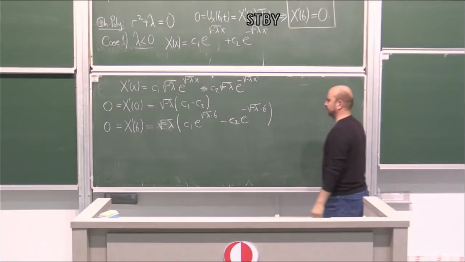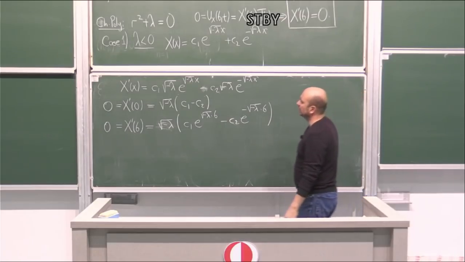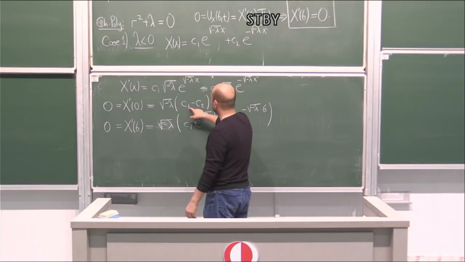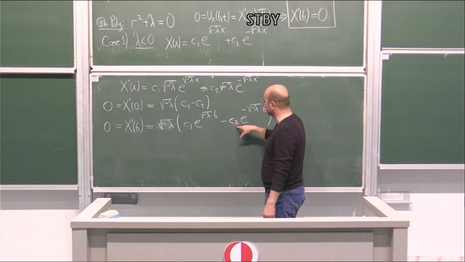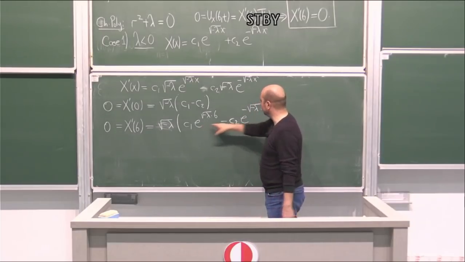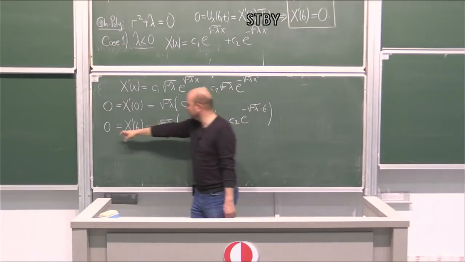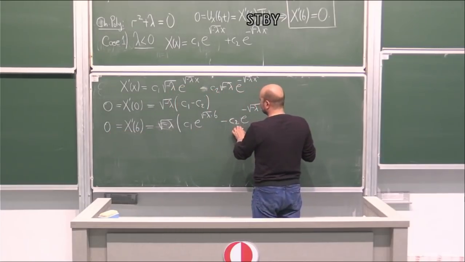Now, if you compute C1 and C2 here, for example, this first condition says that C1 has to be equal to C2. So if you write C1 in the place of C2, since these numbers are not equal to each other, if you want to get 0, then both C1 and C2 must be 0.